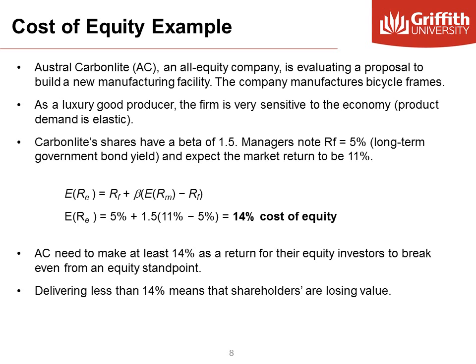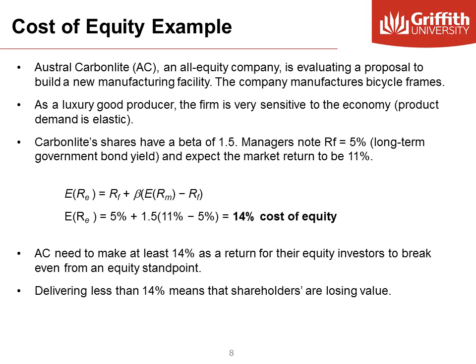The Carbon Light shares have a beta of 1.5, and they know that the risk-free rate is 5%. And also they expect the market return to be 11%. We apply the capital asset pricing model, and we find that the resulting cost of equity is also high relative to the market, because our beta is higher than the beta of the market.